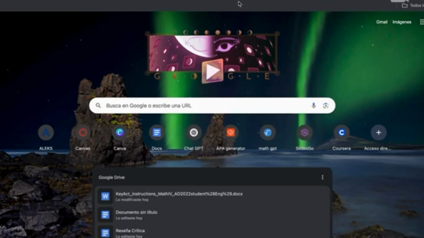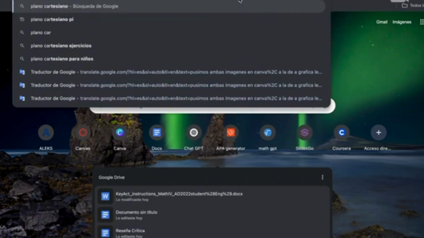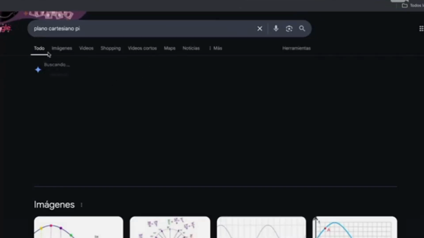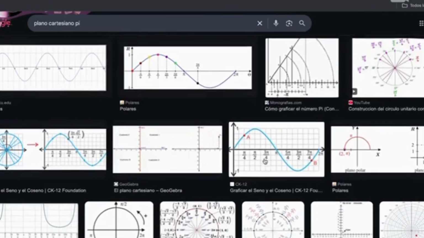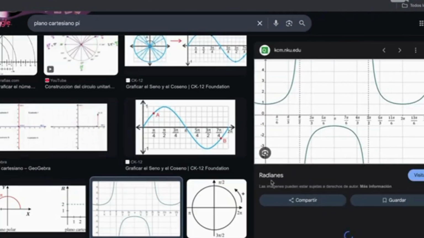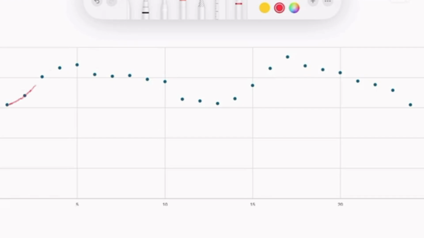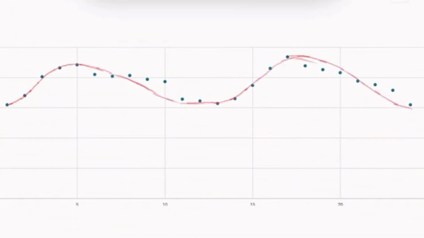Now, to get parameter B, we need the period first. For this, we downloaded an image from Google that was our base, basically a Cartesian plane in radians. Then, in an iPad, we drew the function to get a formal graph, and we placed these both images in Canva.